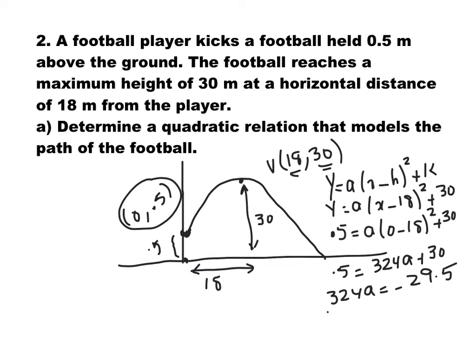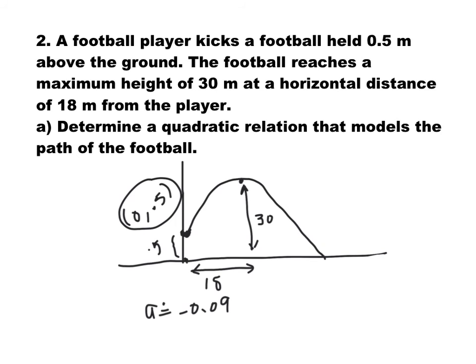So if I divide both sides by 324, I get a is approximately equal to negative 0.091. So the equation becomes y is negative 0.091 times (x minus 18) squared plus 30. So this is the equation which models the movement of the football.